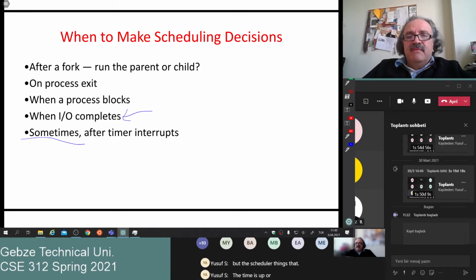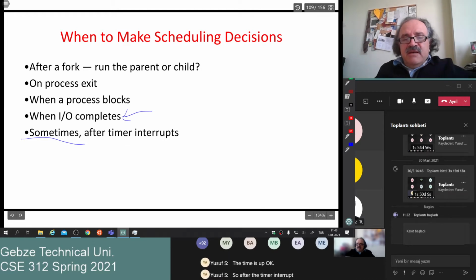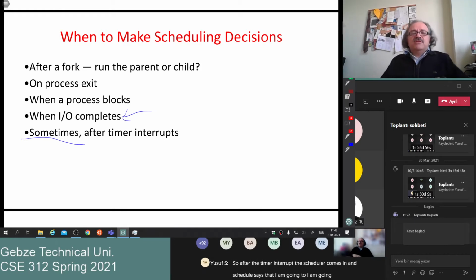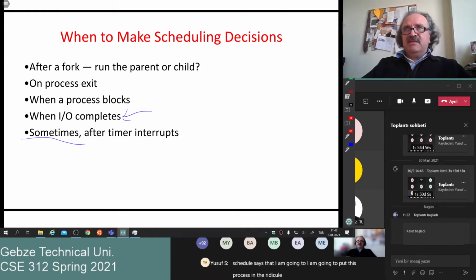So after the timer interrupt, the scheduler comes in and says I am going to put this process in the ready queue, and I am going to make a scheduling decision, and somebody else is going to run. So that's what sometimes is.